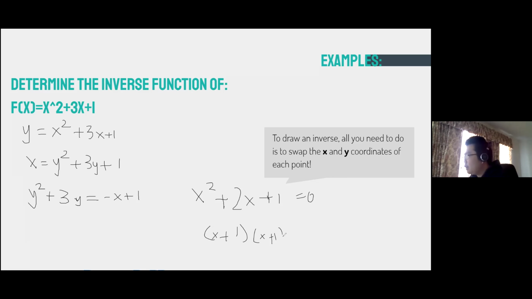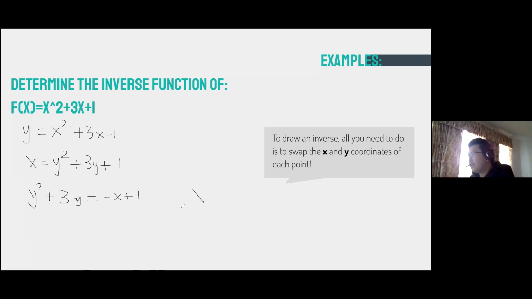But there's another way: you can write this as x plus 1 squared equals 0. And this is called completing the square. You're changing a quadratic equation into a square of a number plus a constant, right? So you're expressing this as some square number plus some constant. And that's what completing the square is.